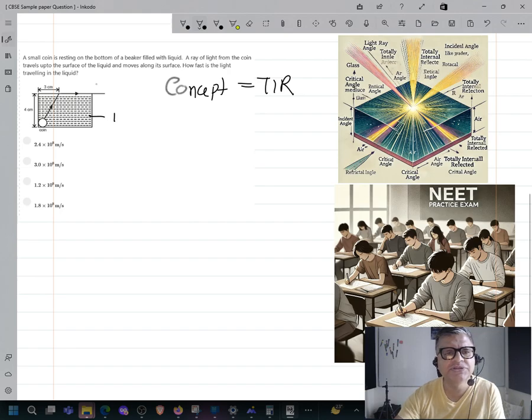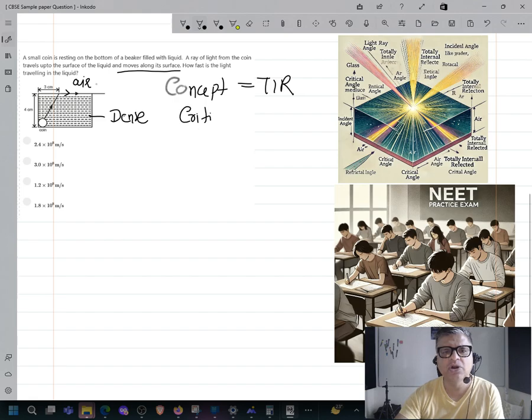So this is your dense medium, and when you strike the interface of air and the liquid, you are moving along its surface. When you move along the surface, you're grazing. So the second concept in total internal reflection, when the total internal reflection just starts, is the concept of the critical angle.